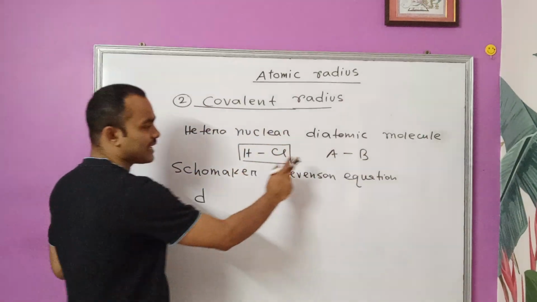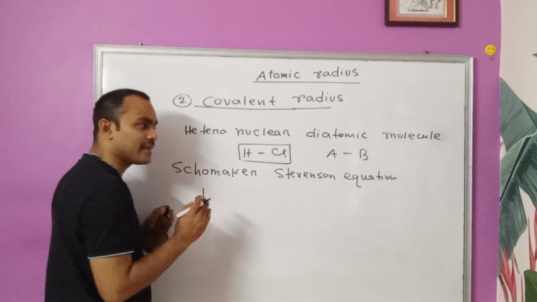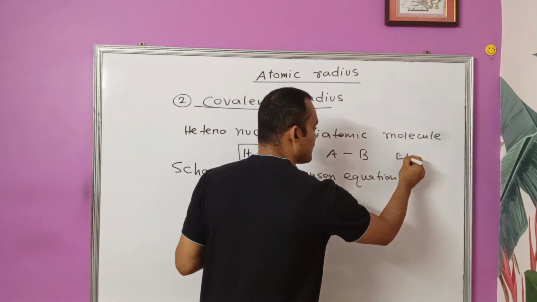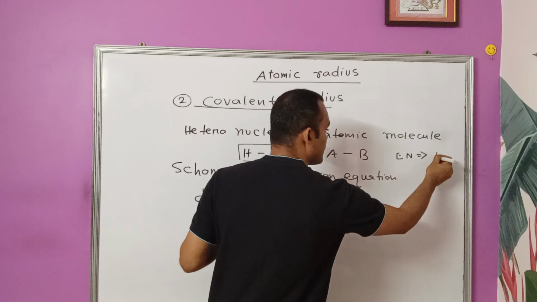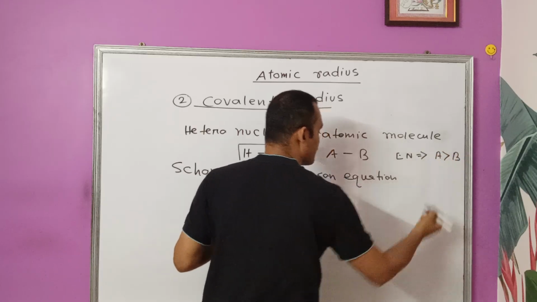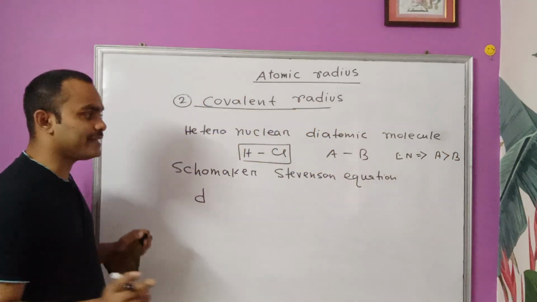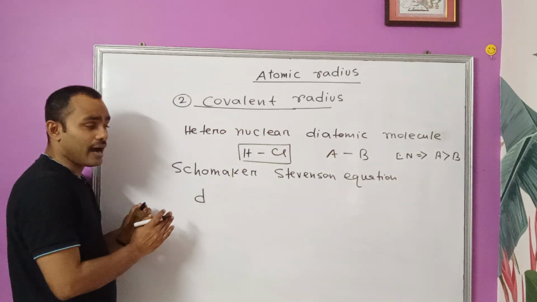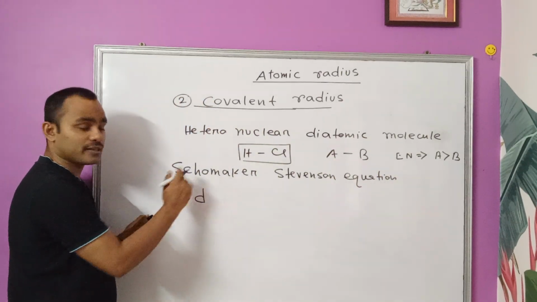A and B are two different atoms, A having higher electronegativity, A greater than B. So electronegativity of A is greater than B.